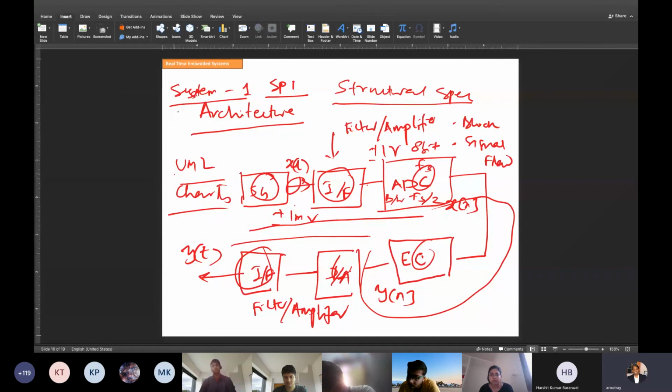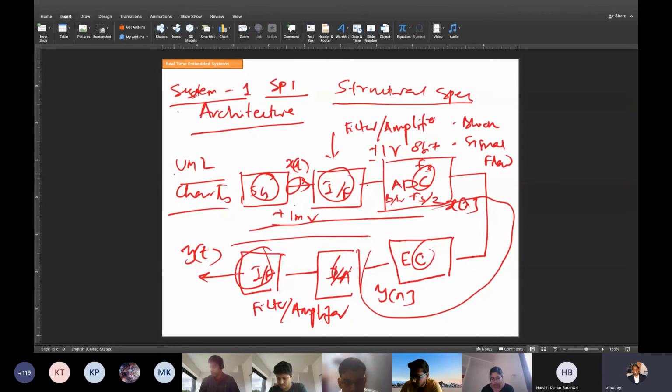Then what is the behavioral specification? Behavioral specification is the frequency response. That means how the signal in the frequency domain should behave. Then behavioral specification is the noise. Behavioral specification is the transients. Behavioral specification is the time. So these are called different behavioral specifications.